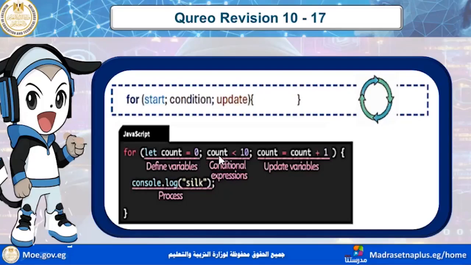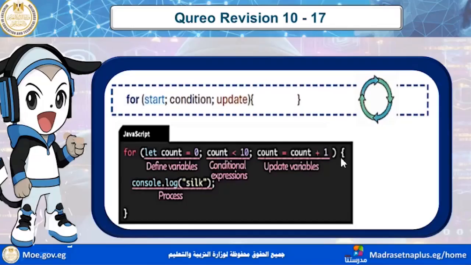So we will count until we reach the value of 10. Count equals count plus 1 means we will increment, or increase, the value of count by 1. Then open the curly bracket.